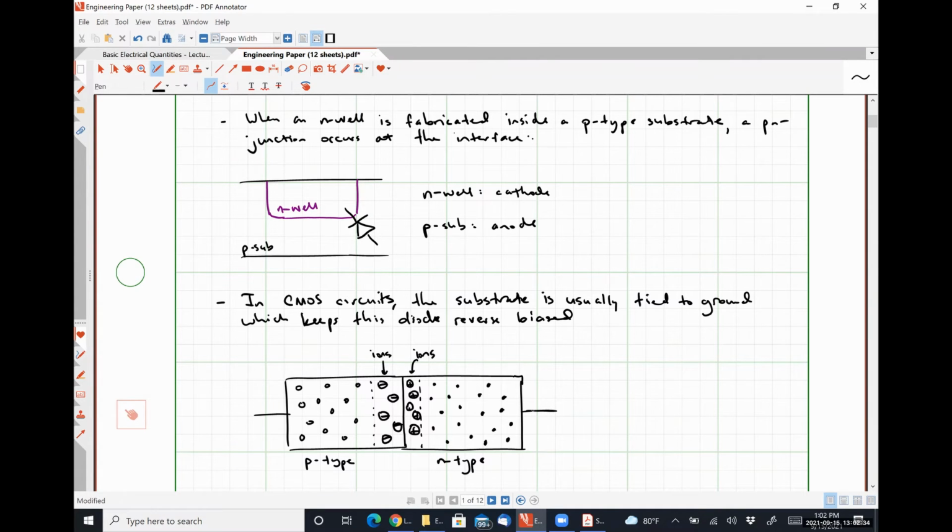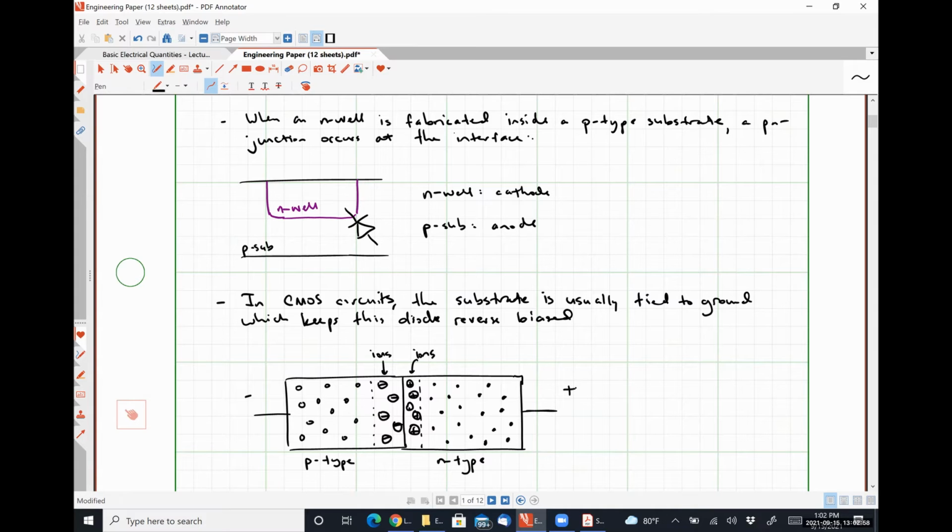One of 3 things can happen. Nothing, it can get larger, or it can get smaller. If I reverse bias this guy, that means I'm putting a negative voltage on this side and a positive voltage, or the positive polarity terminal of the voltage, on that side.